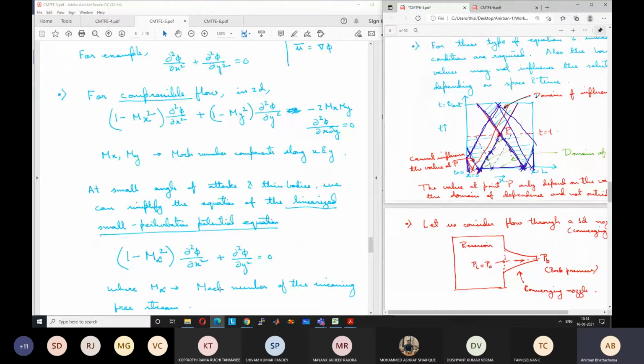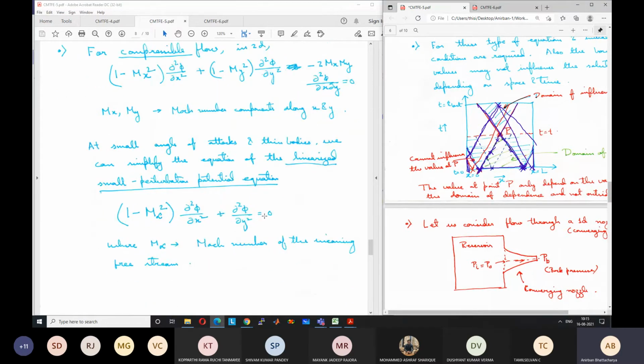We will just note that it can be simplified by using linearized small perturbation theory into this linearized small perturbation potential equation: 1 minus m infinity square del square phi del x square plus del square phi del y square equal to 0, where m infinity is the free stream Mach number, meaning fluid far away from the body.